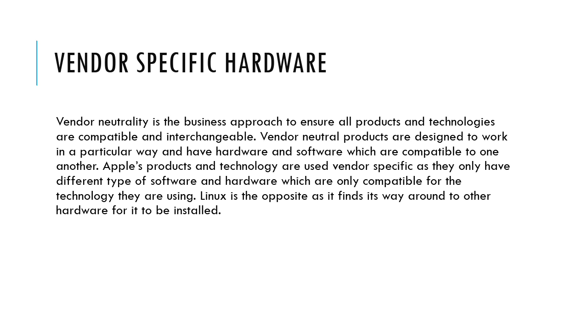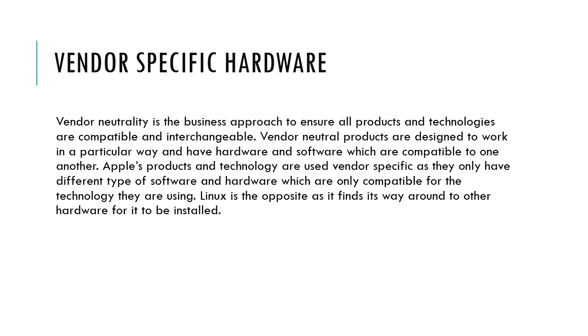Vendor-specific hardware is a business approach to ensure all products and technologies are compatible and interchangeable. Vendor-specific products are designed to work in a particular way and have particular hardware and software which are compatible with that particular device.